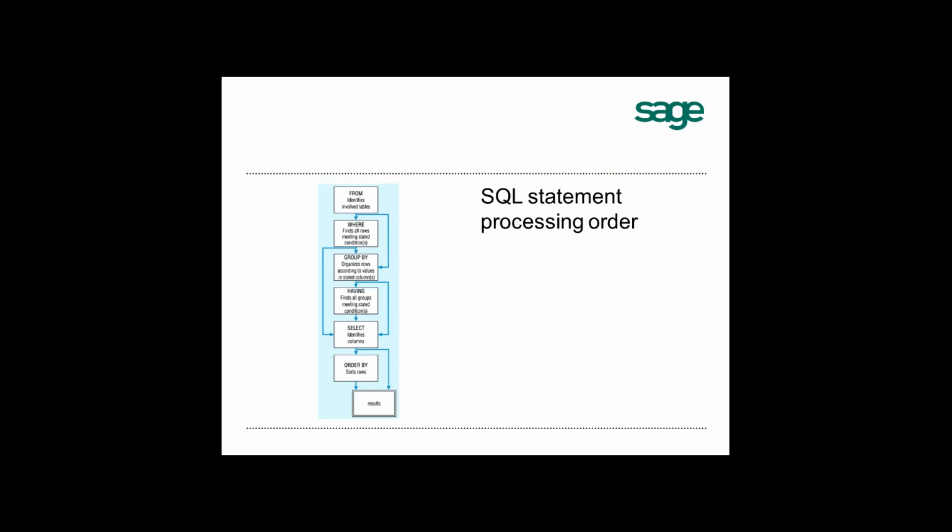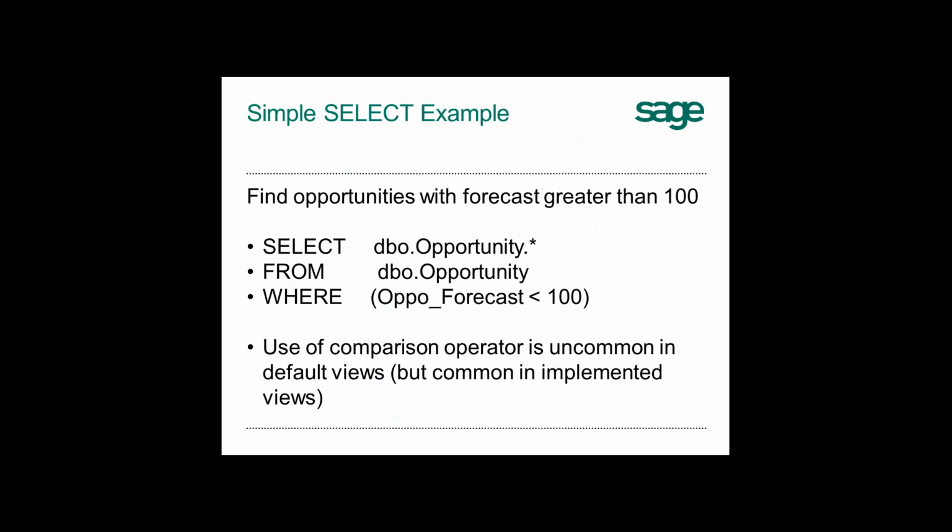And we can see that that's the order in which the statements are processed. And that has a bearing in that we have to really get the from and the join correct to make sure that our database queries perform in the best way.